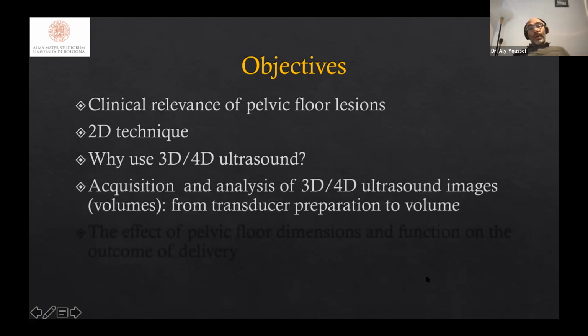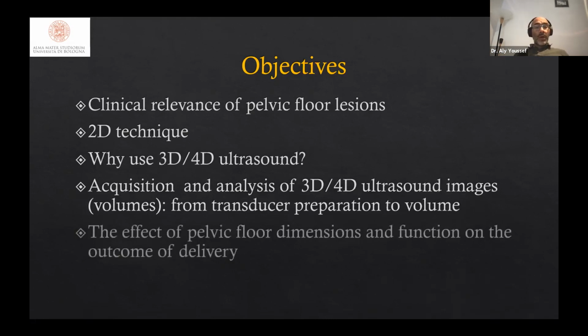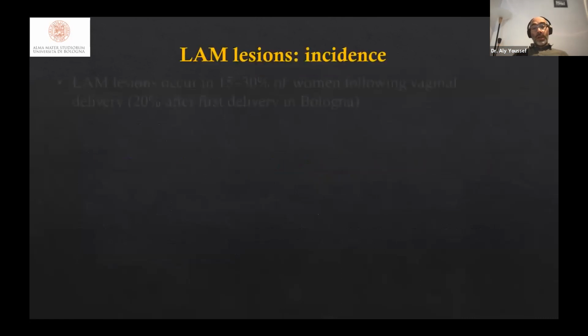We will try, with the permitted time, to talk about the technique of acquisition and analysis of the 3D volumes acquired from the pelvic floor, and we will lastly talk about the effect of pelvic floor dimensions and function on the outcome of delivery, because we now understand that not only does vaginal delivery have an effect on the pelvic floor, but also that the pelvic floor dimensions and function are necessary to obtain a good outcome from the vaginal delivery.